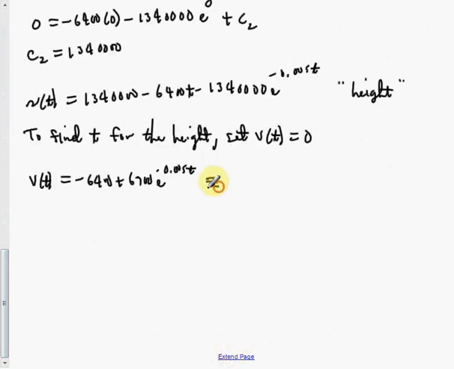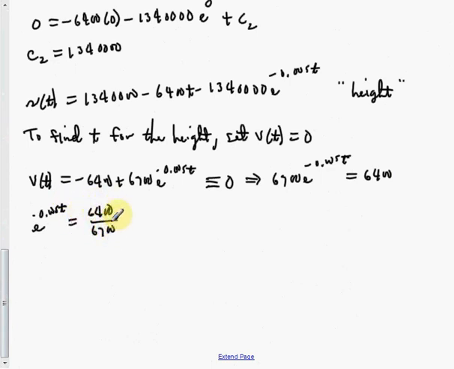If you set him equal to 0, then we end up with this. We get 6700 times e to the negative 0.005t is equal to 6400. So e to the negative 0.005t is equal to 6400 divided by 6700.